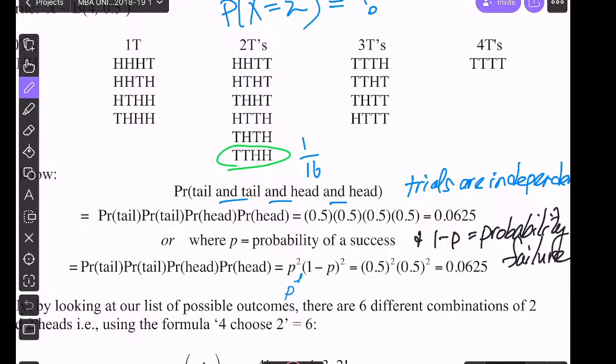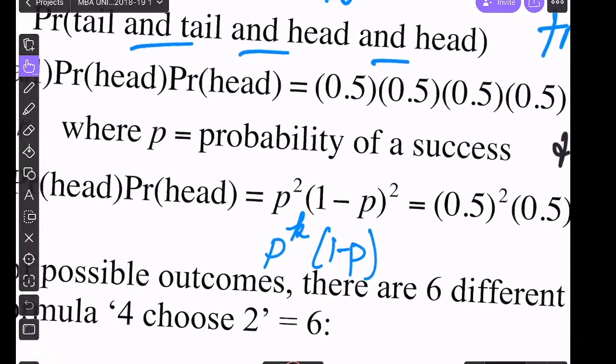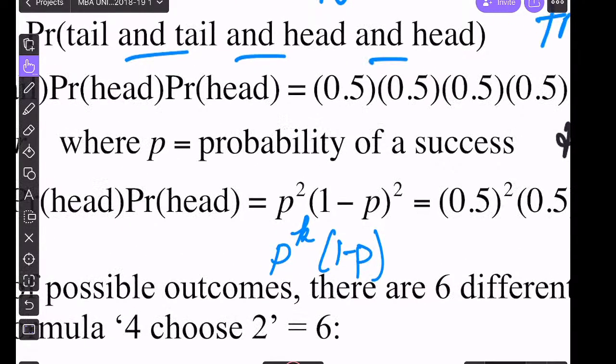And so what symbol would I put on for the number? So this is the number. Let me make this bigger. This is the number of successes.